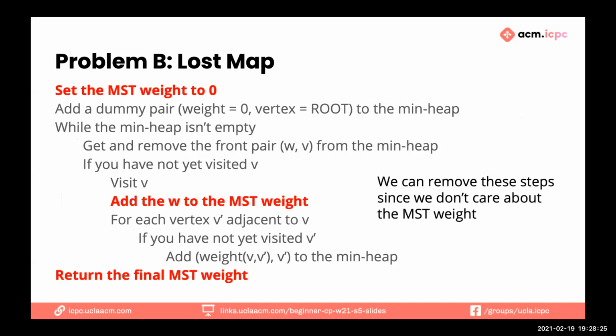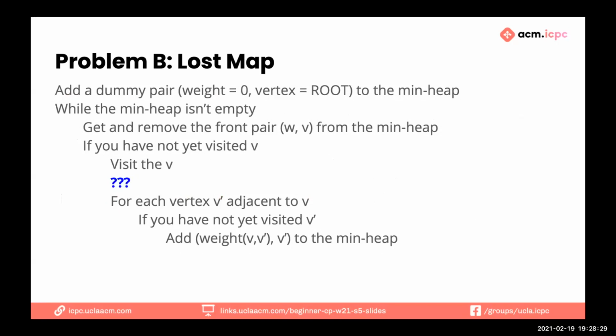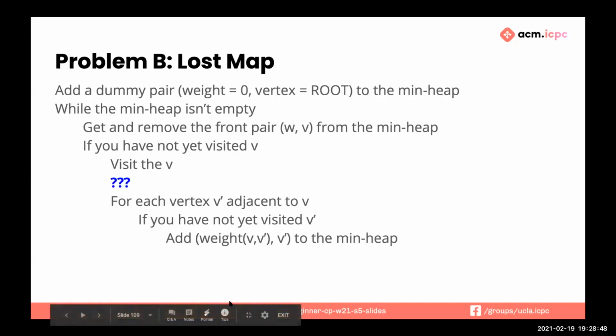What should we do to our code so that we can keep track of exactly which edges are included in the minimum spanning tree instead of the weight? If you guys have any suggestions, I'm happy to hear them. I believe there is more than one way to do this, but I think the way we present here is kind of neat. So does anyone have any suggestions?